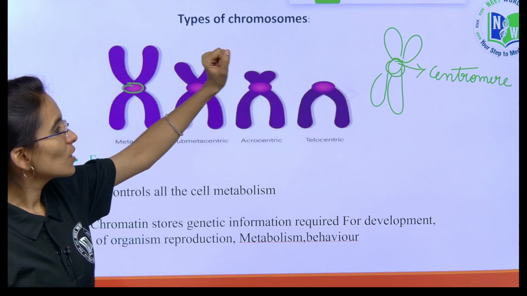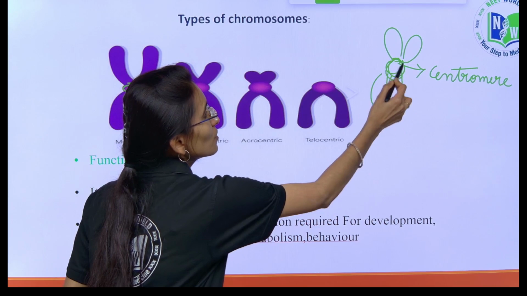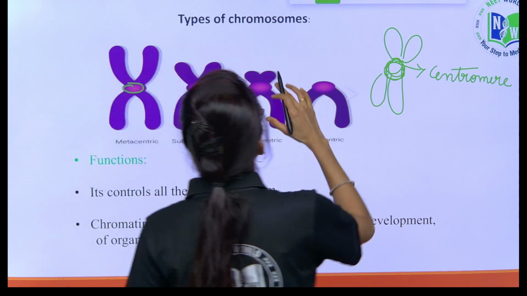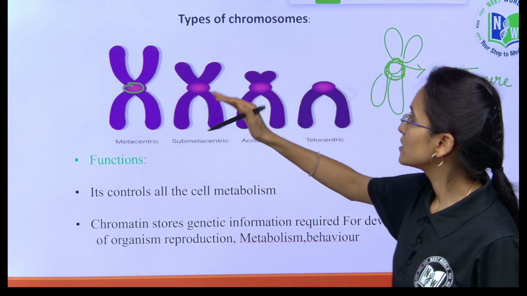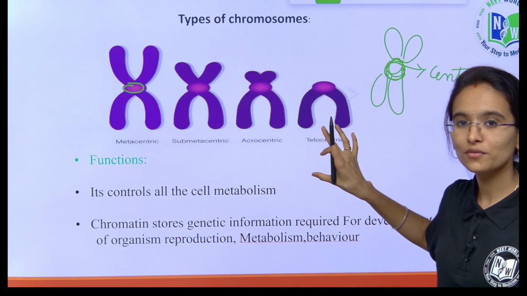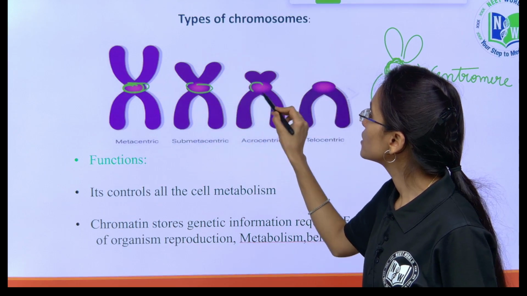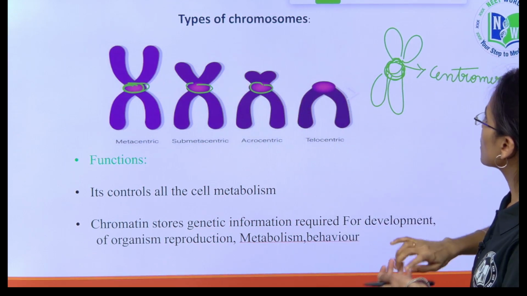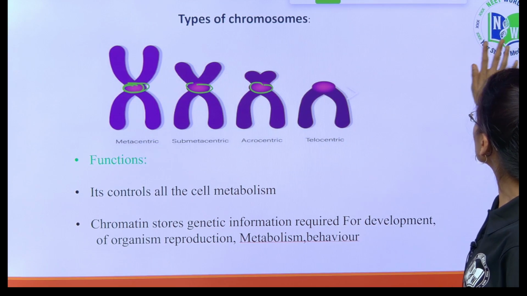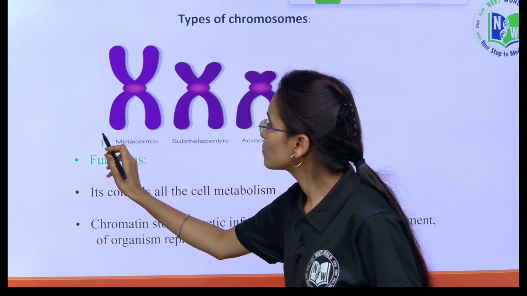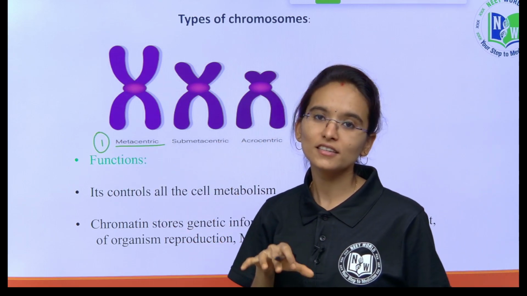Now based on the centromere, we have categorized the types of chromosomes. We have categorized them into 4 types based on what, children? Based on the position of the centromere. So now let's have a look at the types of chromosomes. The first one is called the metacentric chromosome.